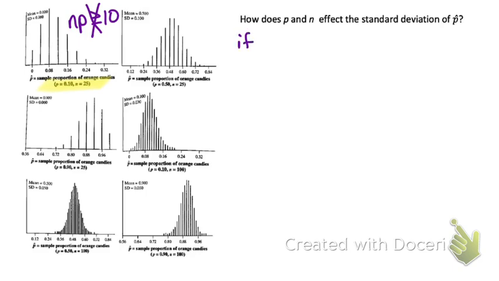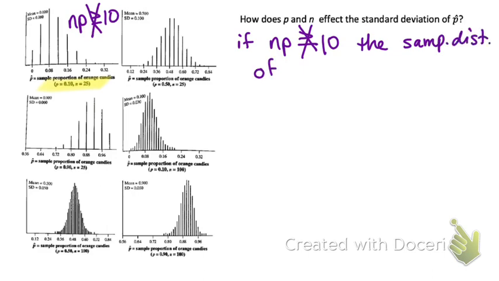So if N times P is not greater than or equal to 10, the sampling distribution of P hat will be right skewed. And if the complement isn't, it'll be left skewed? Let's look. Do you see a left skewed graph anywhere? The one right below it.